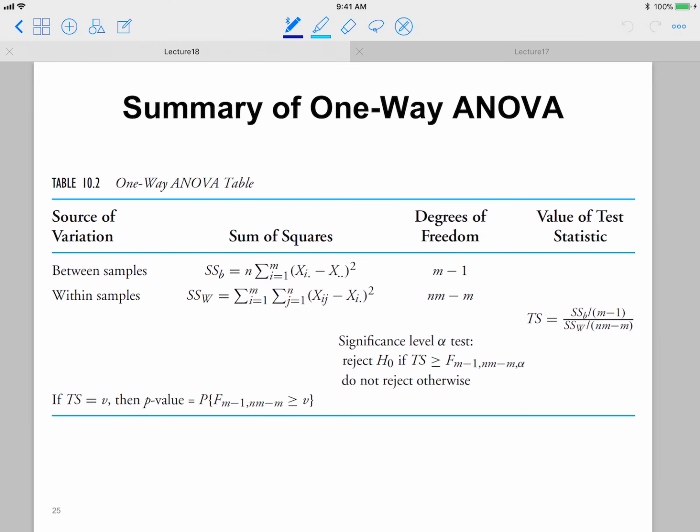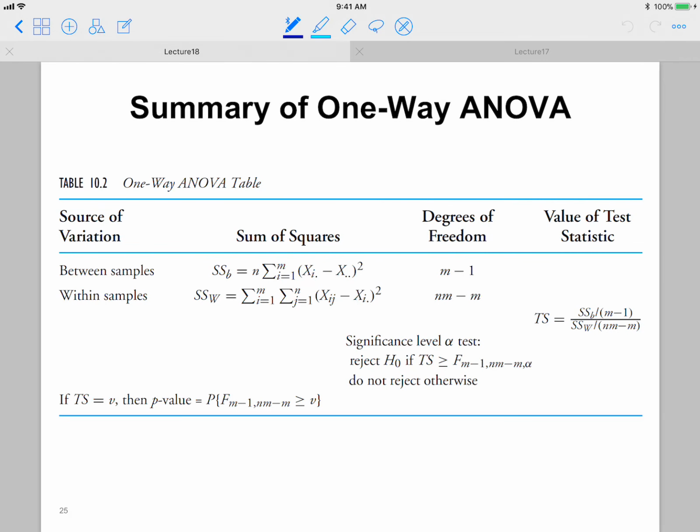Okay, so in summary of this one-way ANOVA, we consider this SSB and SSW defined in this manner, and they had degrees of freedom of m minus 1 and n times m minus m.